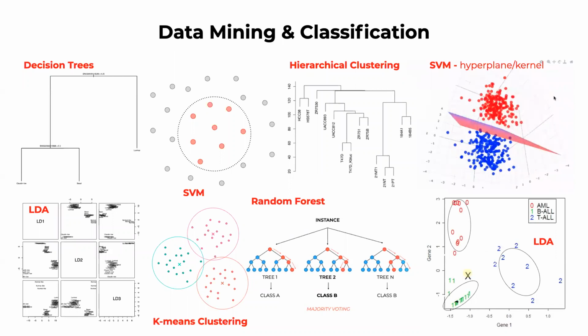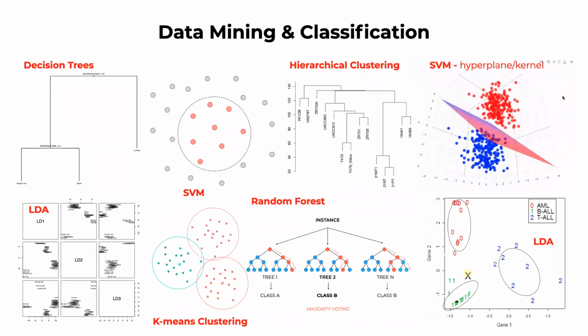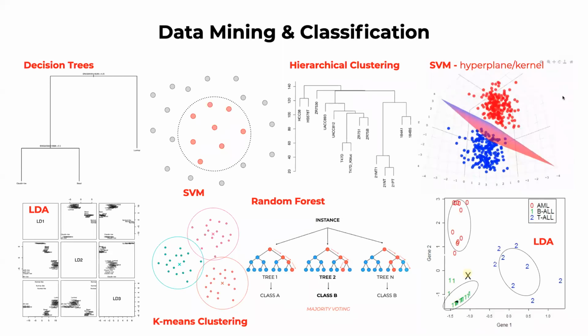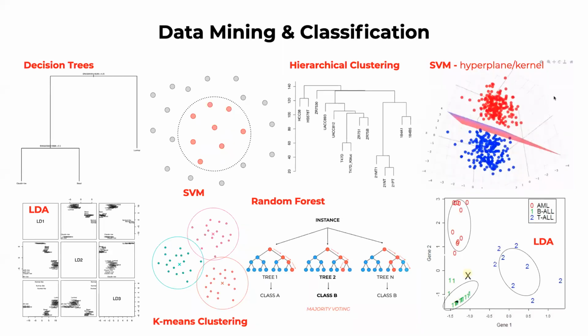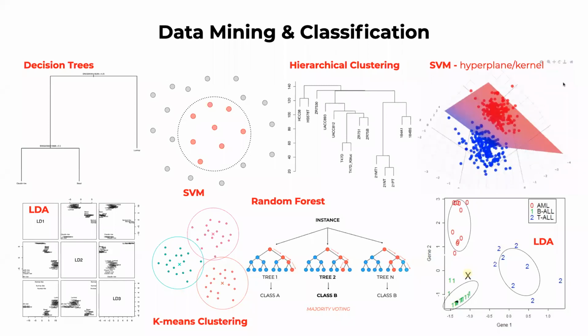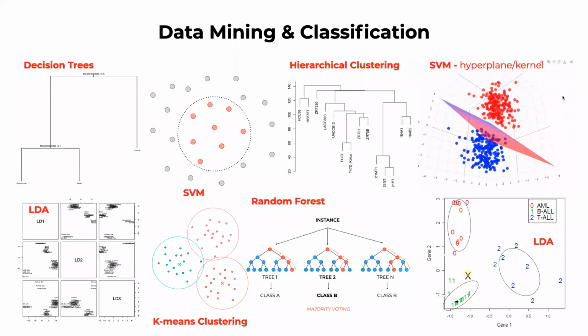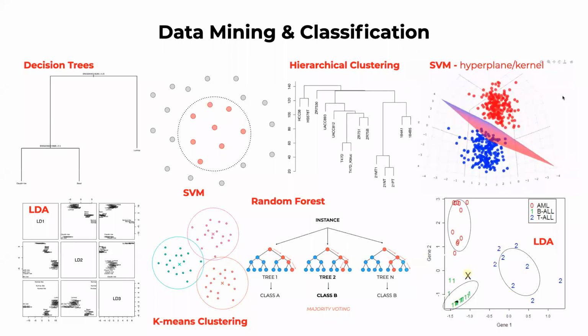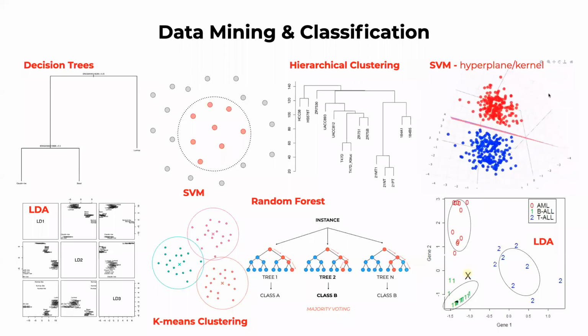So in this program, we'll have a chance to see machine learning in action, including data mining techniques like clustering, dimensionality reduction like principal component analysis, classification like random forest and support vector machines, and feature selection algorithms that are both stepwise, greedy, and selection-based.